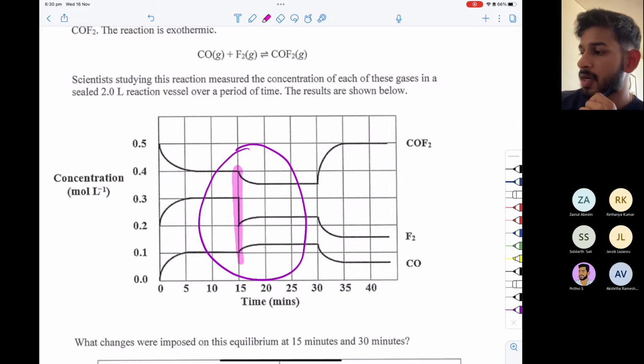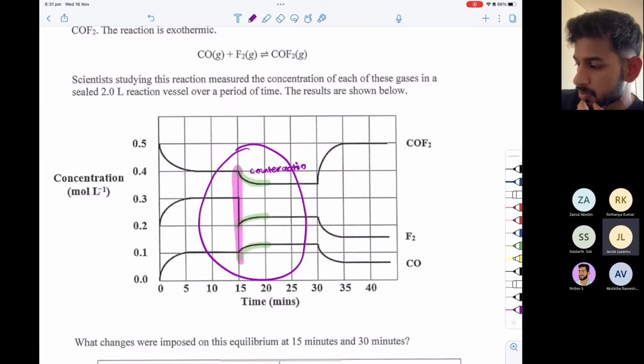Do you remember that? And then shortly after that stimulus phase, there was a counteraction phase where all the gas concentrations changed and re-established equilibrium. Now, I said one very, very important thing about this counteraction phase. What did I say? The molar ratios.